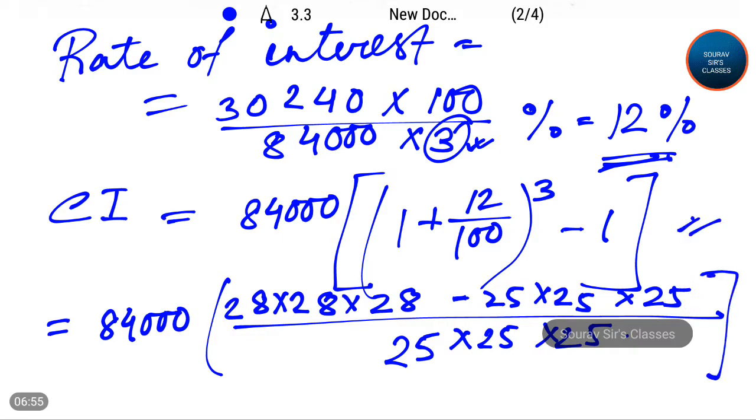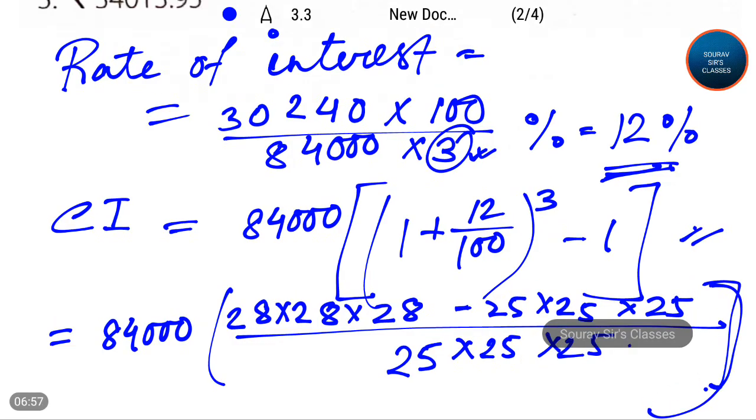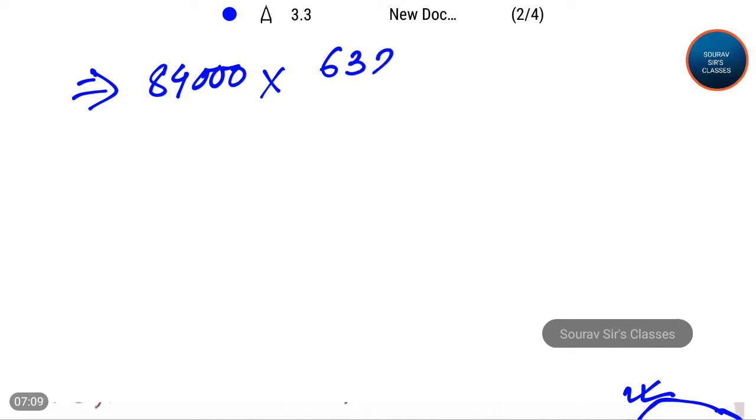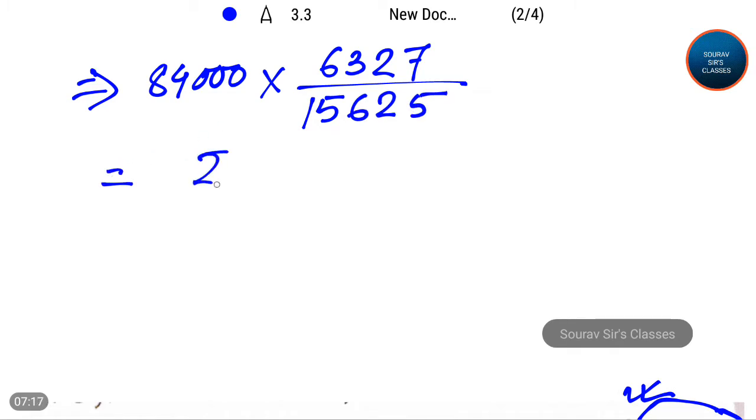Now from this we can write 84,000 into 6,327 divided by 15,625, that is equals to rupees 34,013.95.